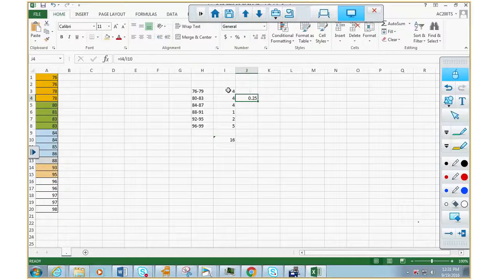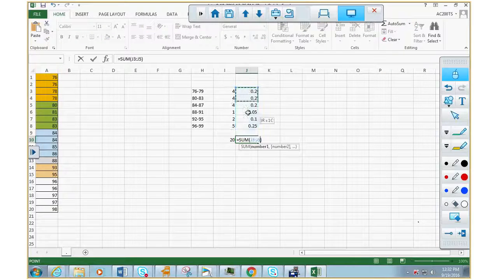Let's do this again. Equals this number divided by this number. F forward locked. And then copy that down, and there's your percentages. And when you add them up, they should equal what? 1 or 100.